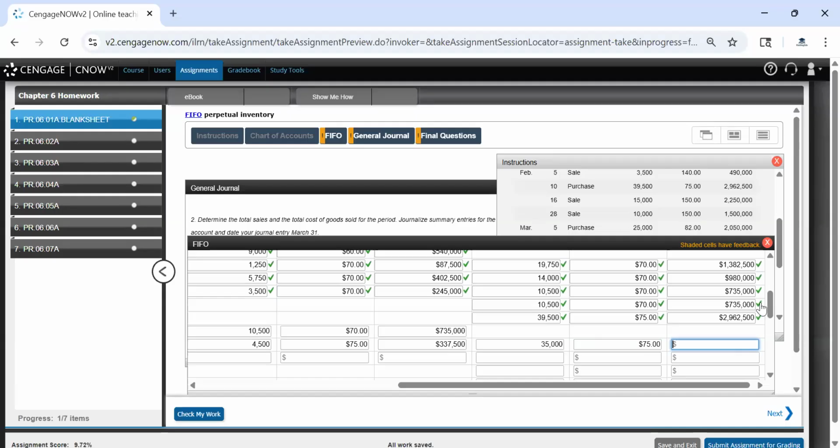You can picture it like a retail grocery store, and they're always purchasing new produce, and then they sell the old produce before they start selling the new produce because perishable inventory naturally goes bad over time, and so then, you can picture in your mind the flow of goods. And 35,000 units at $75 per unit is 2,625,000.